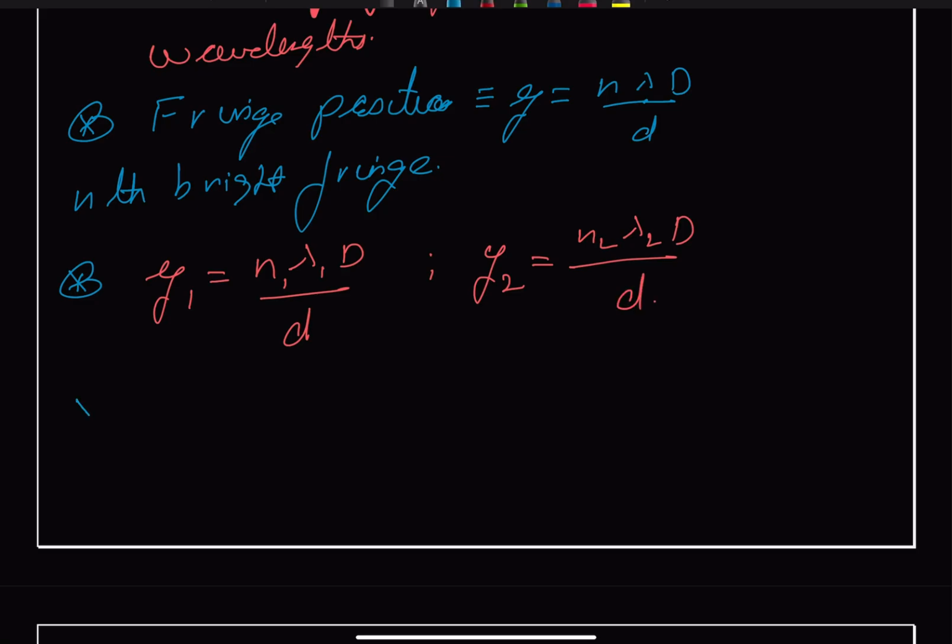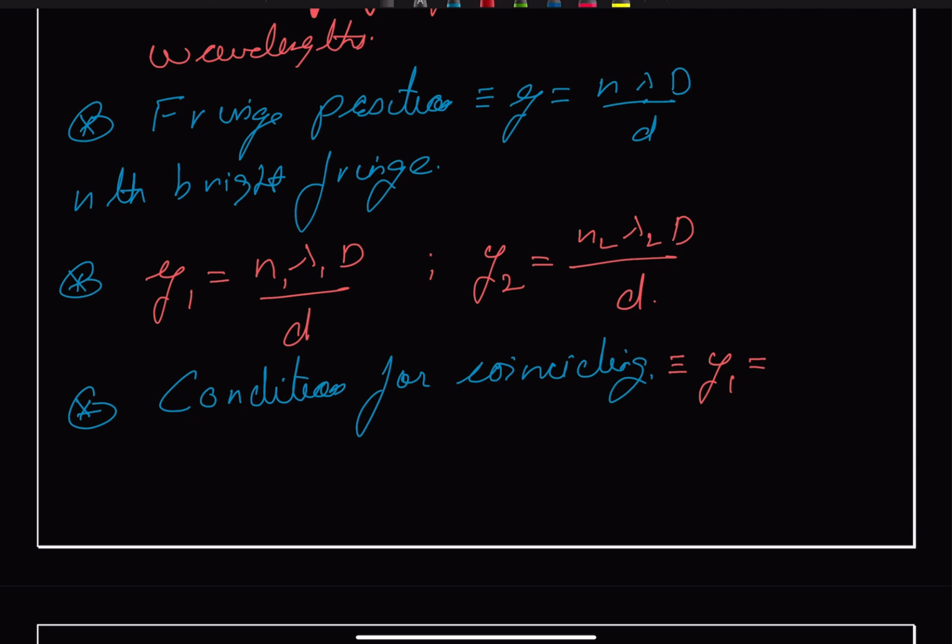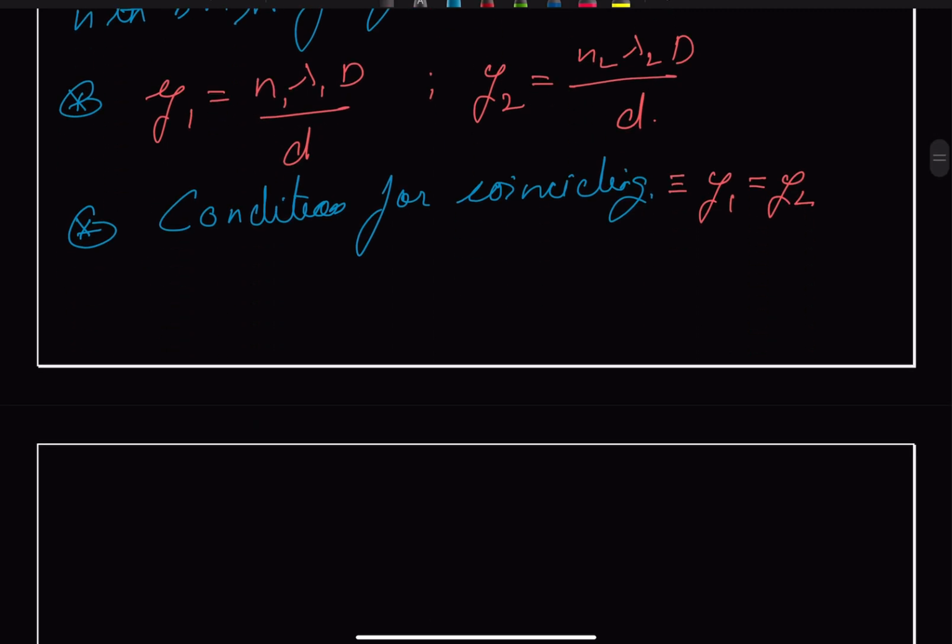The condition for coinciding is that y1 should be equal to y2. Therefore, we substitute and we get n1 lambda 1 D upon small d is equal to n2 lambda 2 D upon small d. Here capital D and small d cancel out.